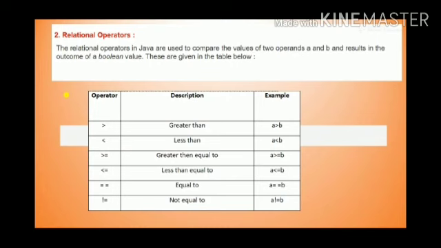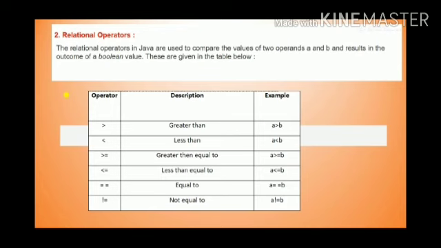Relational operators in Java are used to compare the values of two operands, meaning the numbers, like here a and b, and result in boolean values. Just look on the screen. Here the operators and descriptions are given. I am reading the first one: the operator greater than, and the example is a greater than b.